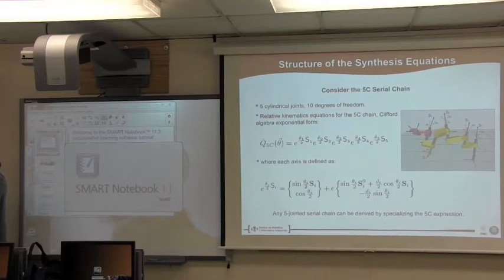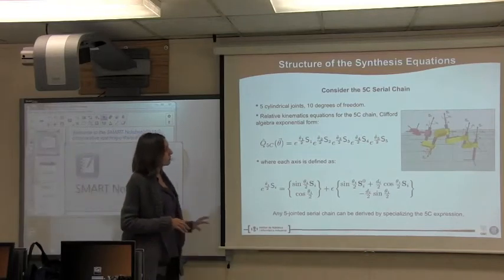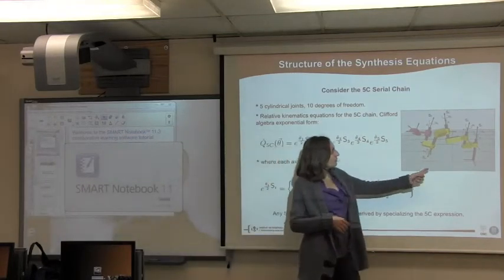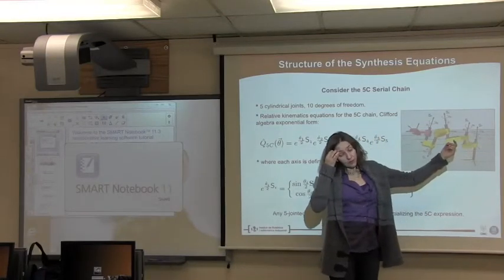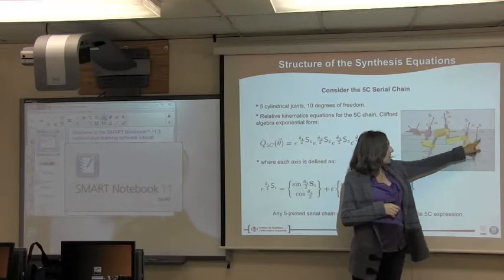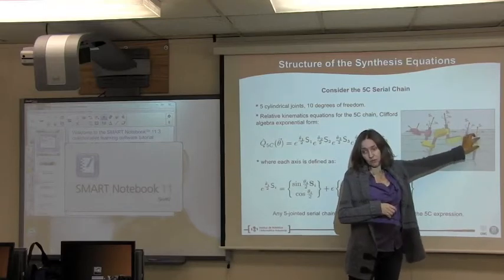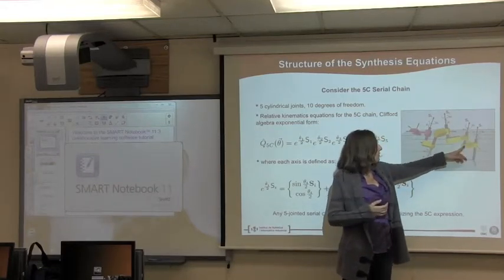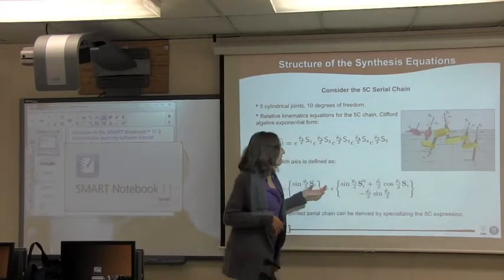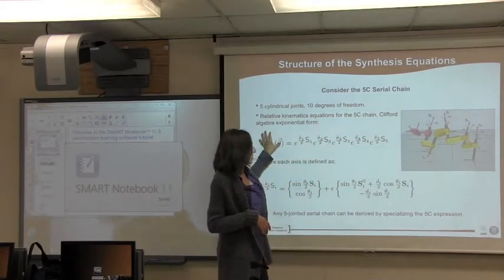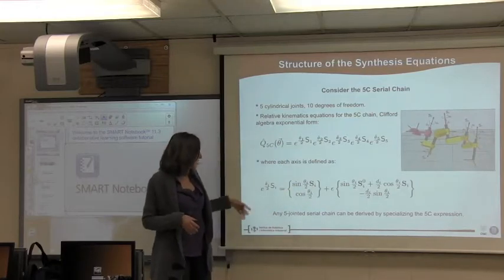So this is the 5C serial chain, and we took this as the most general case because if you have a cylindrical joint, if you want to convert that into a revolute joint, then just state that the displacement is equal to 0. If you want to transform this into a prismatic joint, just say that the rotation is 0. So you can create any RP combinations using just the cylindrical joint, that's the generic joint.